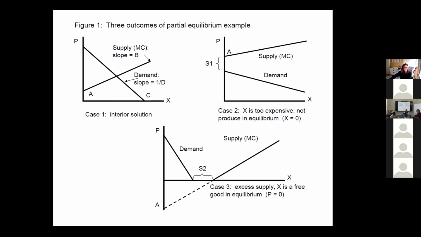Okay, so this simple supply and demand model from first year principles of economics, undergraduate, they don't tell you this, but there's actually 3 valid economic solutions to the model. The one in the upper left is the one from the principles of economics textbook, right? There's an interior solution where the supply and demand curves cross.